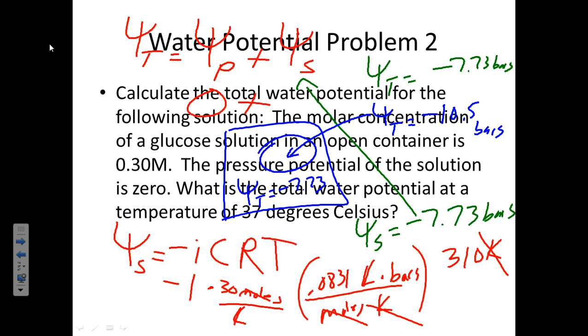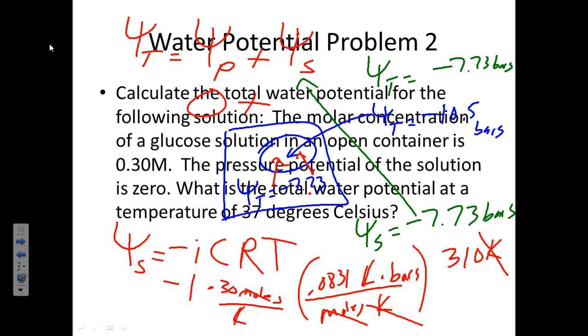How? All right, in the beaker is negative 7.73. In the cell, the water potential is negative 10.5. How does water potential move water? From higher to lower. Which is a bigger number, negative 7 or negative 10? Negative 7, okay? Which means water is going to move from the beaker into the cell, from higher to lower. Negative 7 is bigger than negative 10.